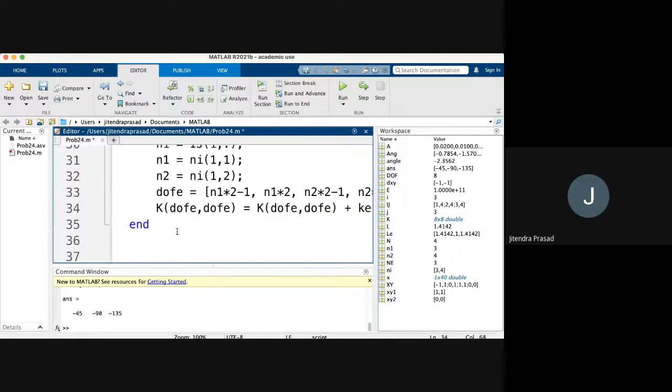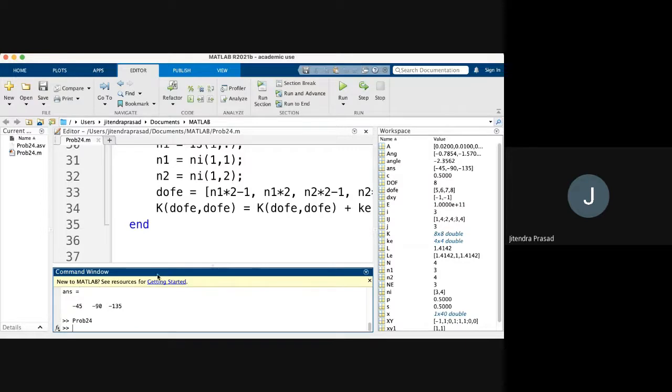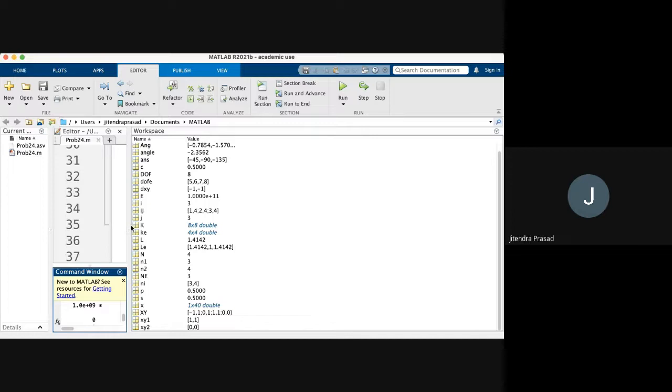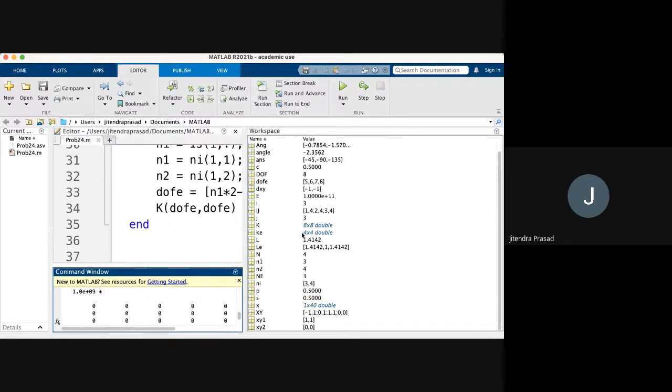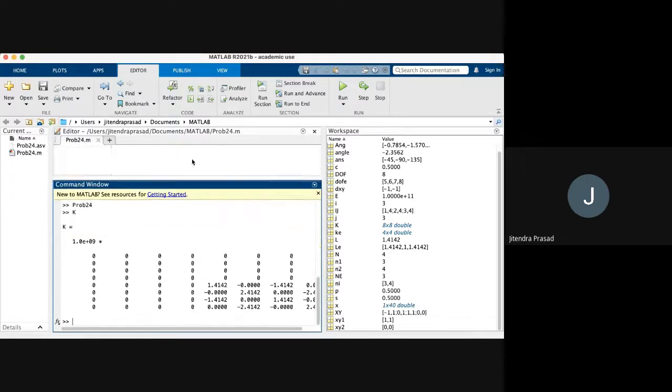And you run it. We can run it now. We'll see whether we get it assembled or not. Yeah, it's done. Now put big K. See, we got this big K value. Okay, hold on, I think I can push this up.